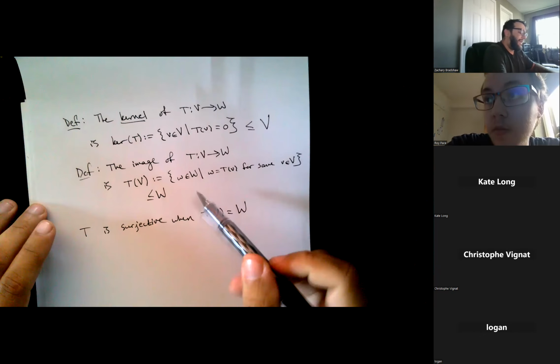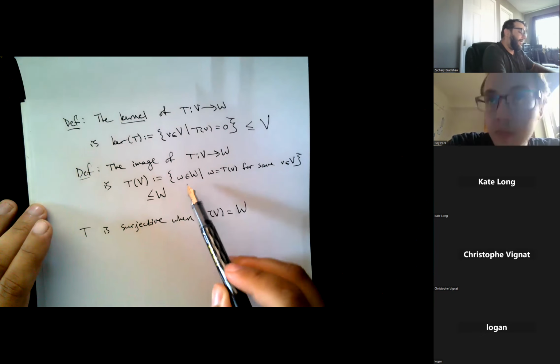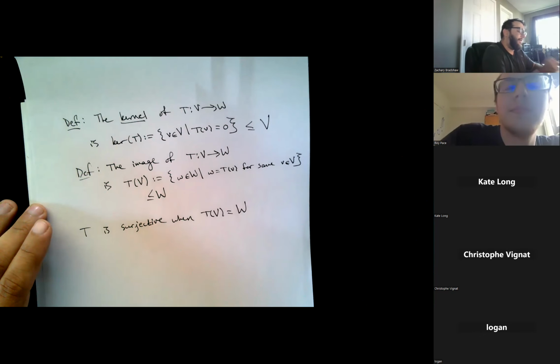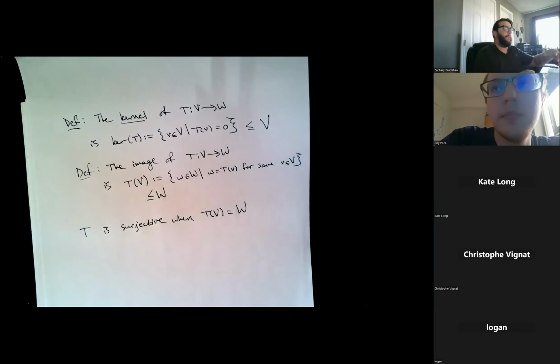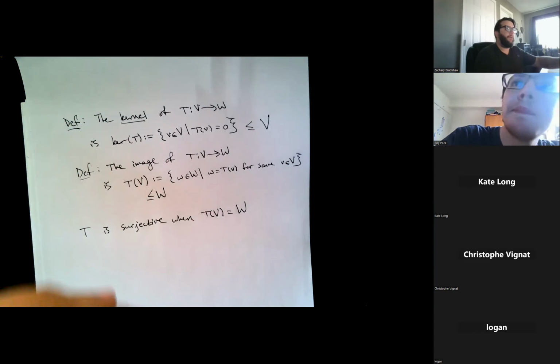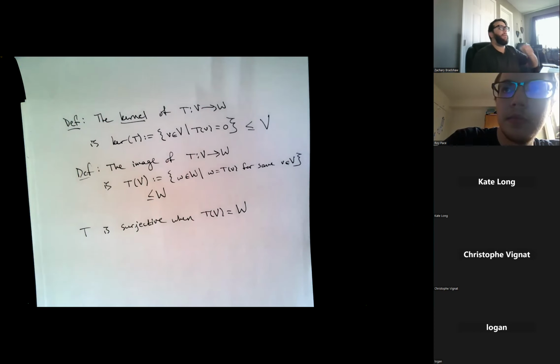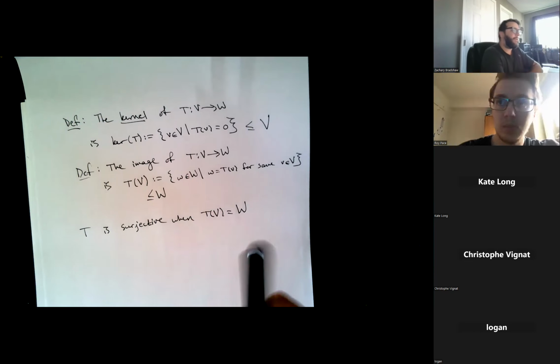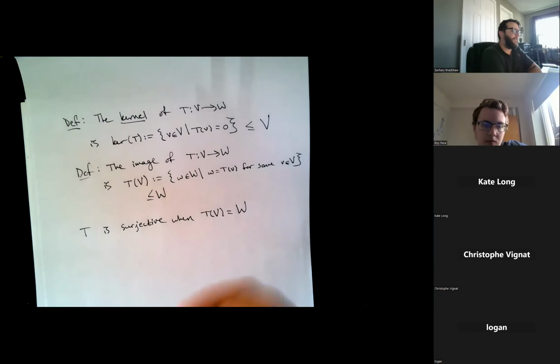Because that means that every single element of W is mapped to by something, by T. How do I say this? Every element of W is mapped to from some element in V using T. And that's the definition of surjective.